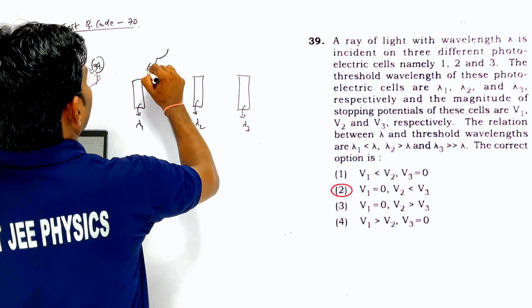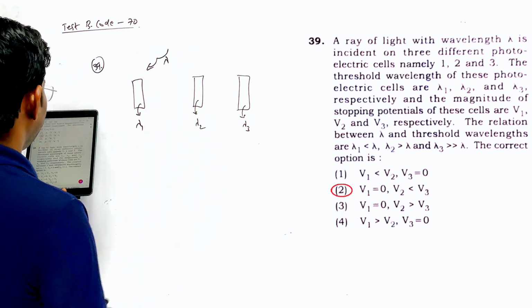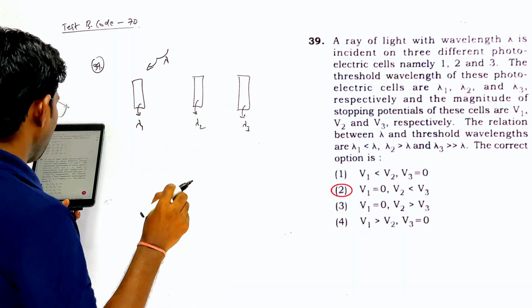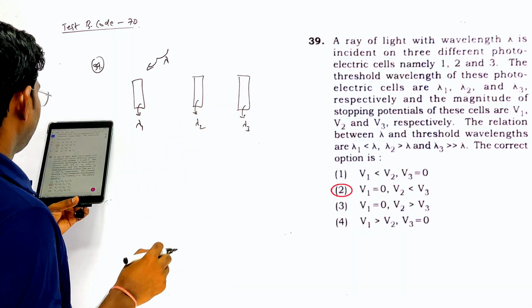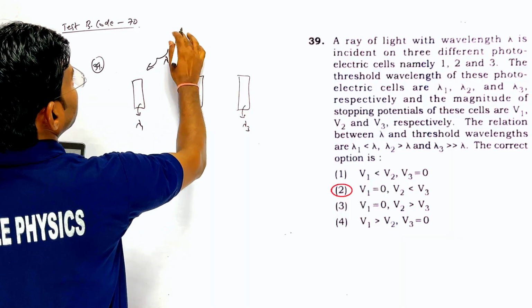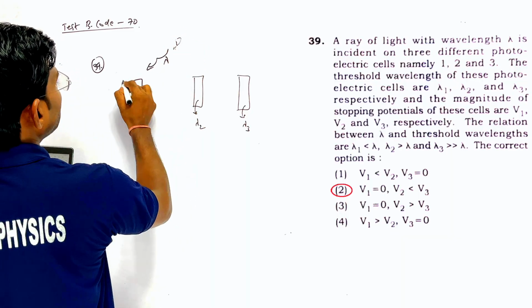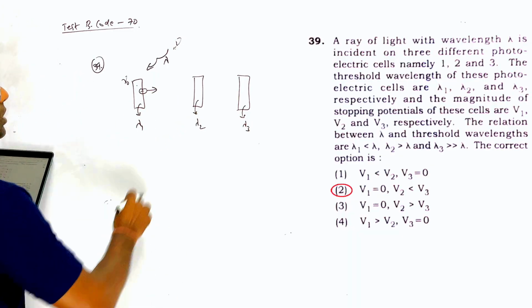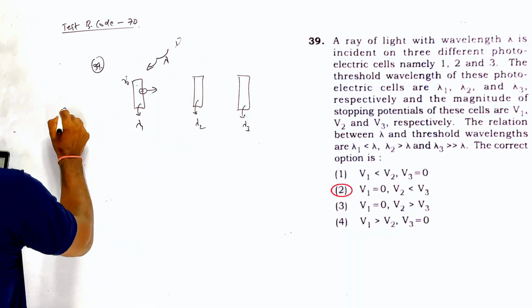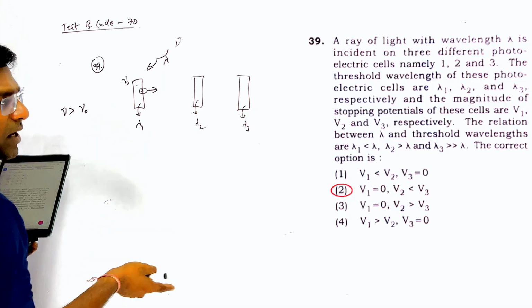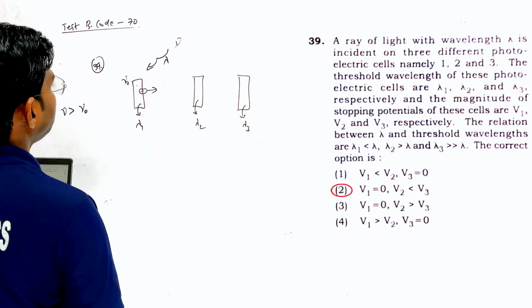The light of the wavelength lambda is incident upon the three photoelectric shells, lambda 1, lambda 2, lambda 3 are the threshold wavelengths. Listen one thing, if the frequency is nu and its threshold frequency nu naught, to emit the photoelectron, what is the condition? The incident frequency must be greater than the threshold frequency, but the frequency and the wavelength are inversely proportional.